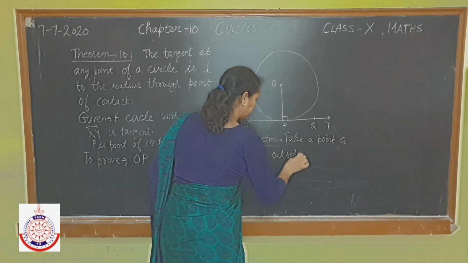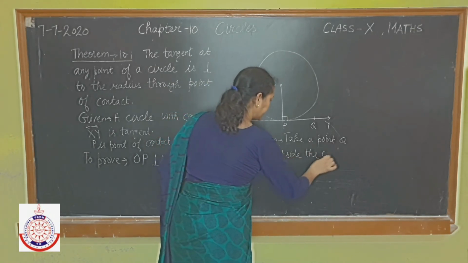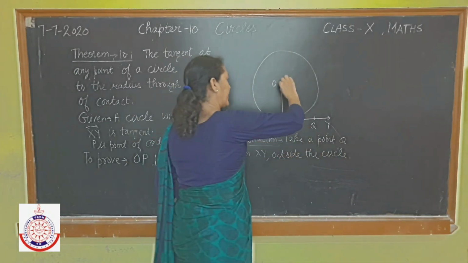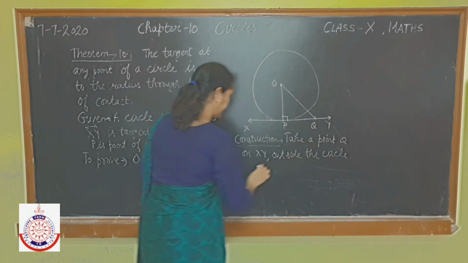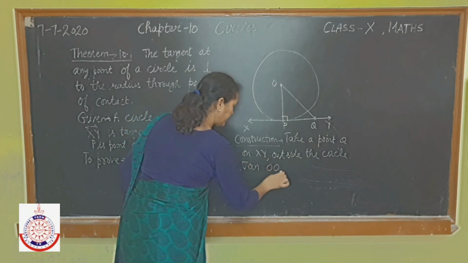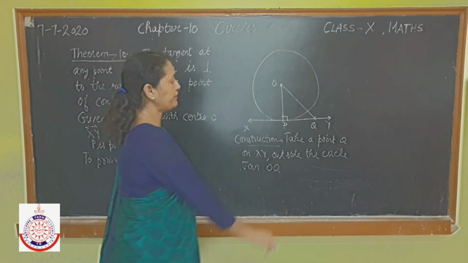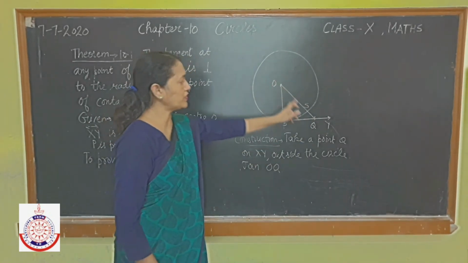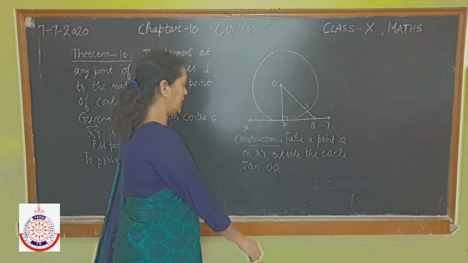Outside the circle. Join OQ. This all comes in construction. Join OQ. Now if I mark one point, say S, on this line OQ, what will come?